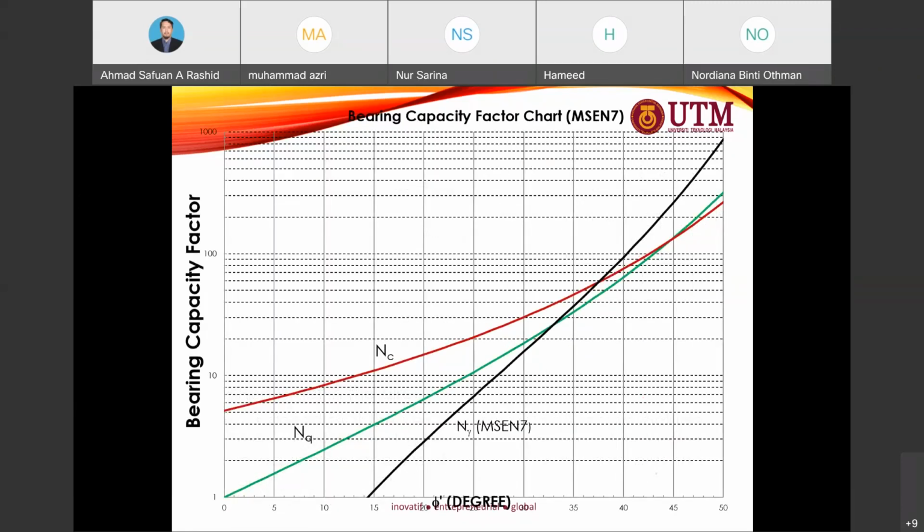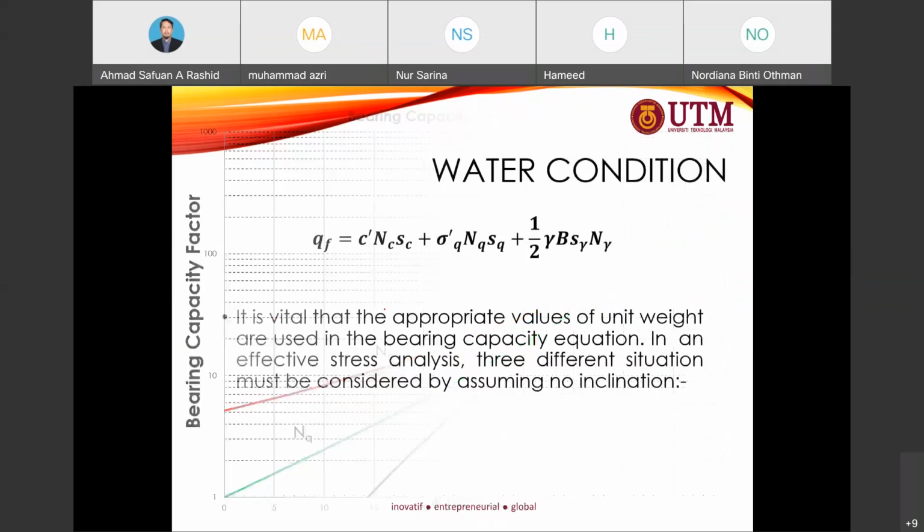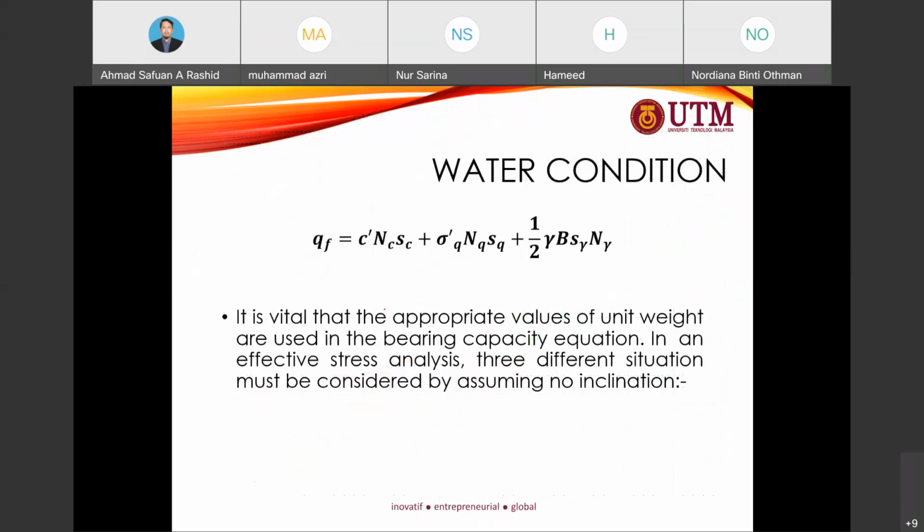So this is the chart to get the values for NC, NQ and N gamma, with the friction angle of the soil. This is the bearing capacity factor. For the water condition, it is vital that appropriate values of unit weight are used in the bearing capacity equation.